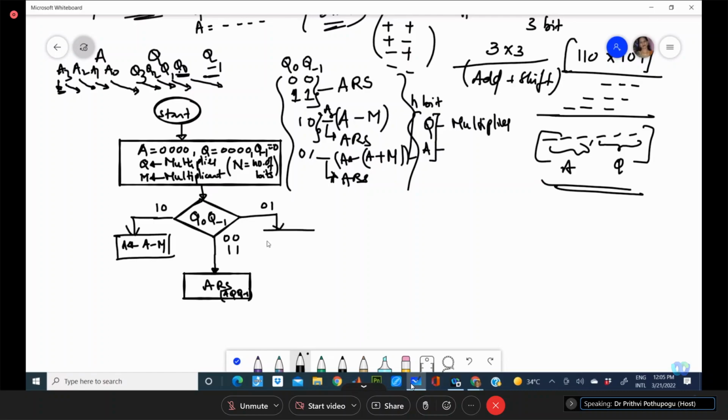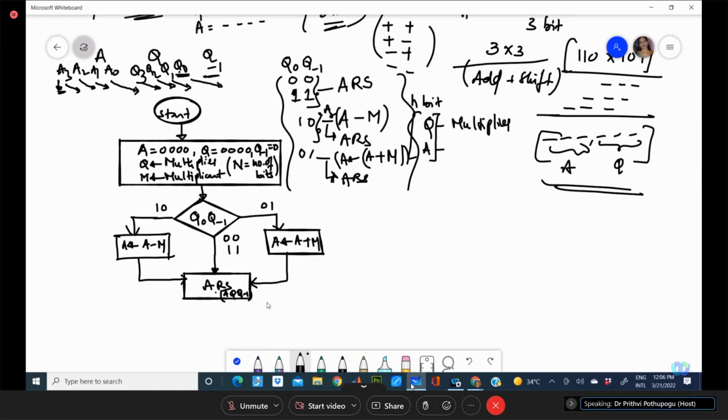If it is 0 1, A should be stored with A added with the multiplicand. Then do the arithmetic right shift. That means whatever may be the value of Q naught Q minus 1, your arithmetic right shift is happening for every step, but with an added operation of either adding or subtracting the multiplicand to the accumulator.